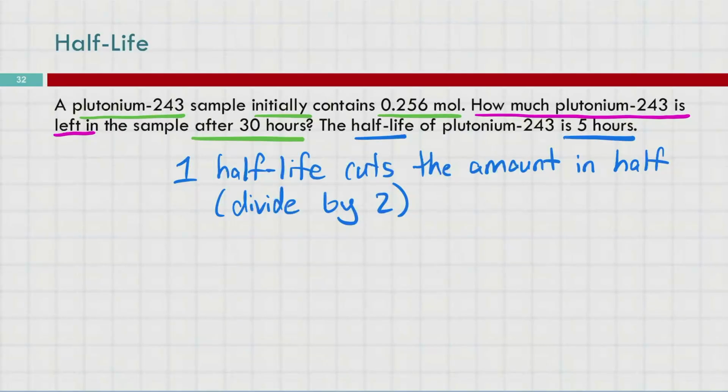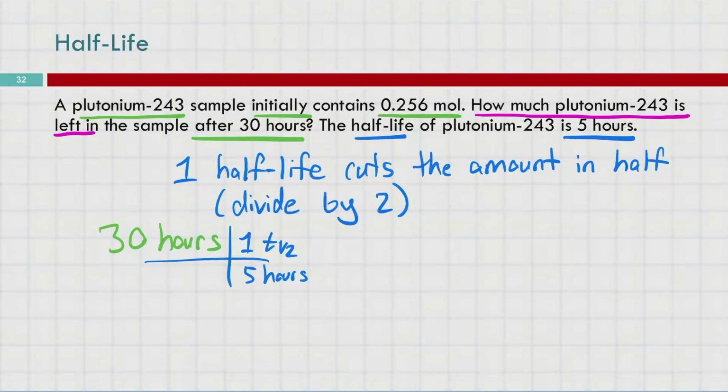So if we've gone through 30 hours, how many half-lives have we gone through? 6 half-lives. So 30 hours, 5 hours per one half-life. The symbol for half-life is usually T1/2.